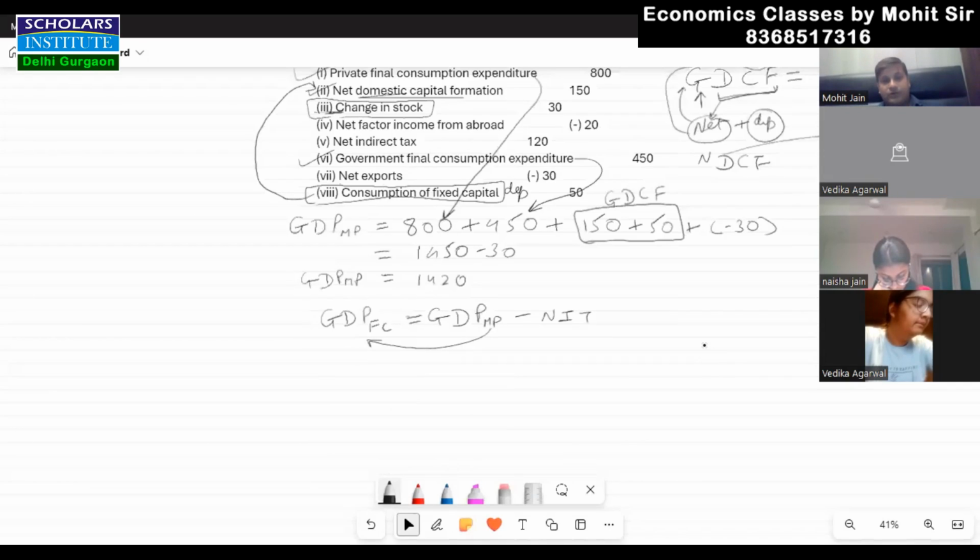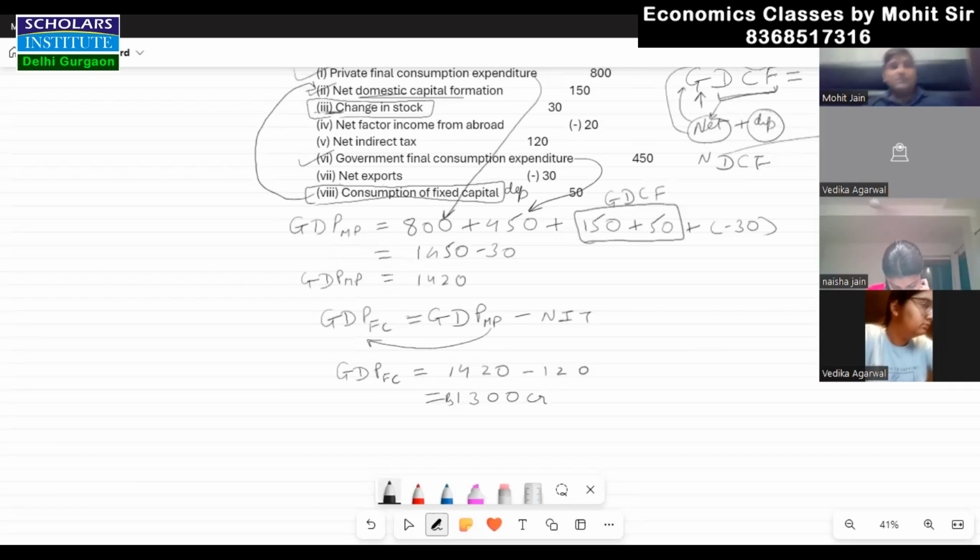So what you get is GDP FC is equal to 1420. Net indirect taxes is 120, minus 120. So you get 1300 as your answer. So unit is rupees 1300 crores. I hope this much is clear. Is this clear?